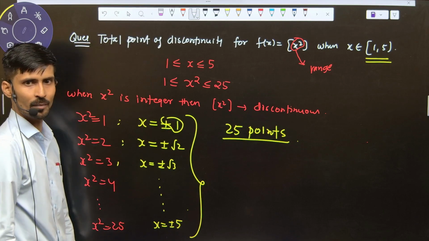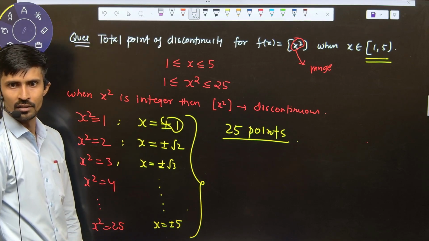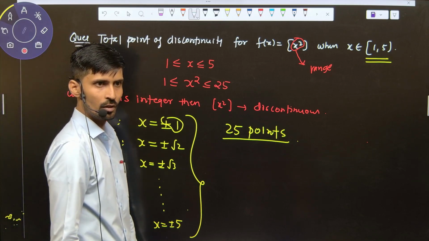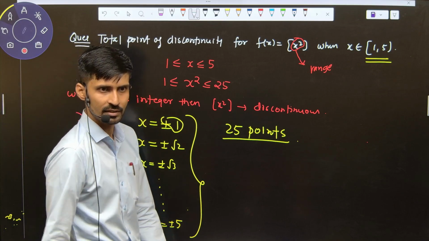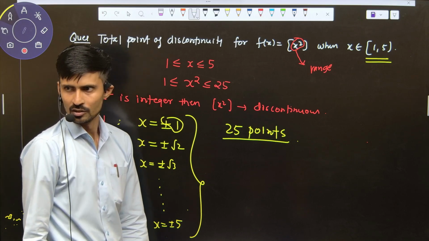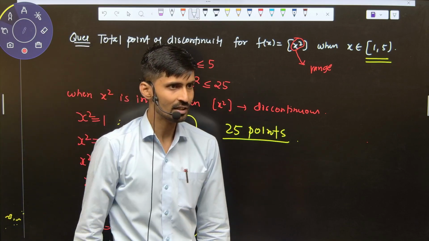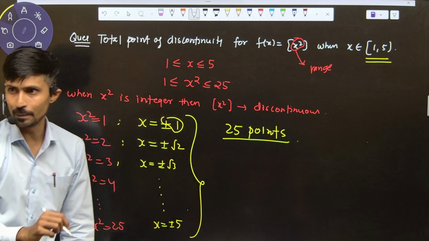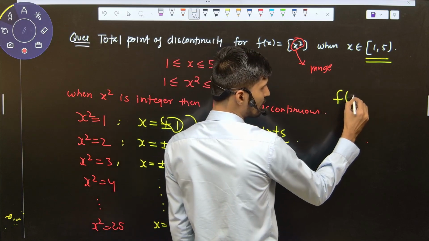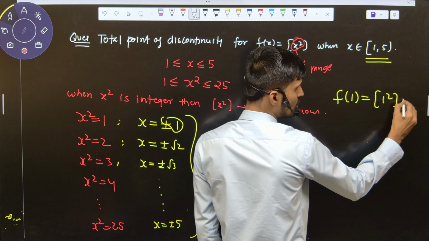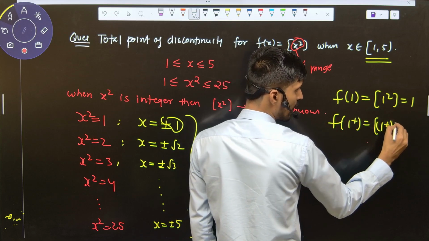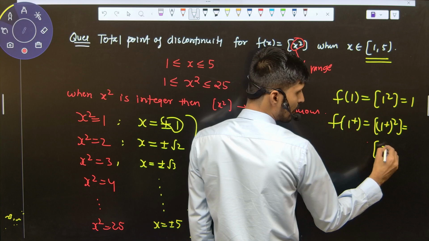Now suppose I am starting from here. This is my point 1. Tell me, I am moving now, 1 plus, I am continuing 1 and 1 plus. Is this continuous or not? Yes. So do you remember, right hand continuity I have written? So check here, at x is equal to 1, what will happen? First of all, f of 1, greatest integer of 1 square, is 1. f of 1 plus, 1 plus square, that is 1 plus only, and the greatest integer is 1.